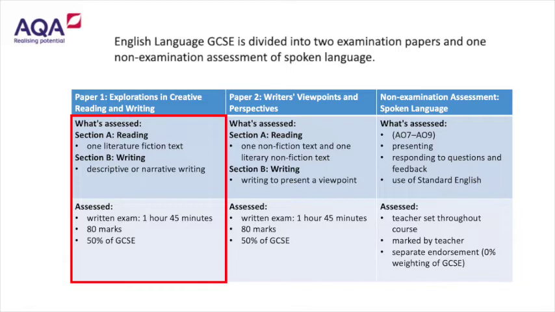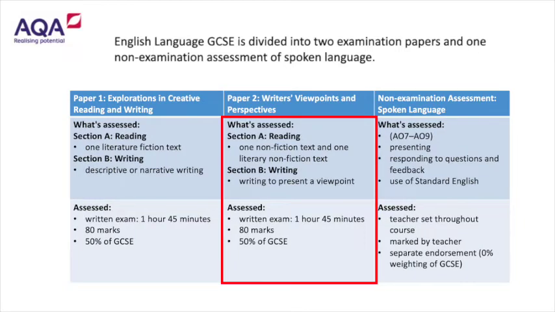Section A will focus on reading, where you will read 1 piece of non-fiction text and answer 4 questions based on what you've read. Section B tests your writing skills, the focus being either descriptive writing or narrative writing. You will have a choice of 2 questions. The paper is 1 hour and 45 minutes in length and is worth 80 marks and makes up 50% of your GCSE.